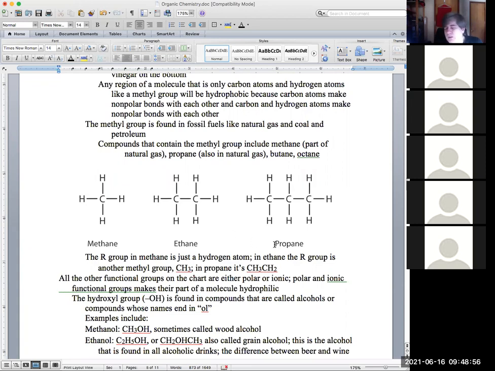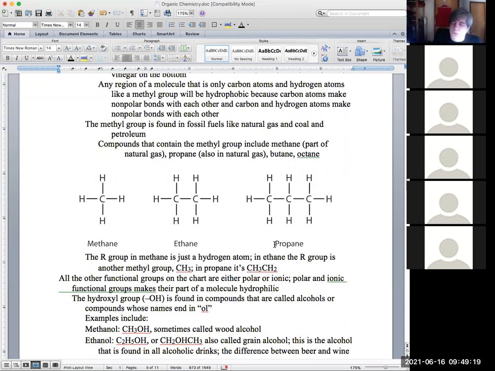So we won't learn all the details, but notice that some of the names that we'll look at will seem very complicated. Once you learn the technique for naming them, the names actually tell us how many carbon atoms, what type of functional groups are in it, and where those functional groups are located.